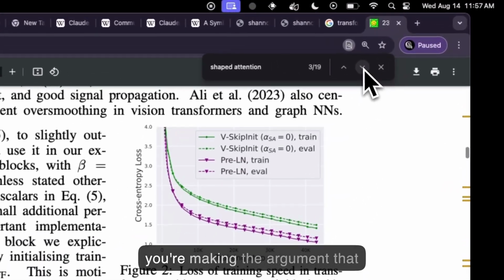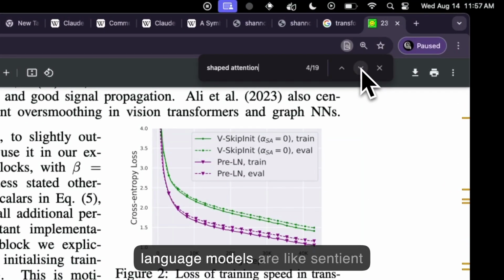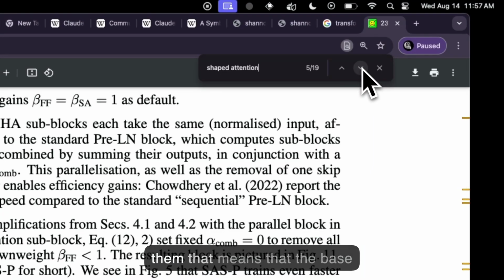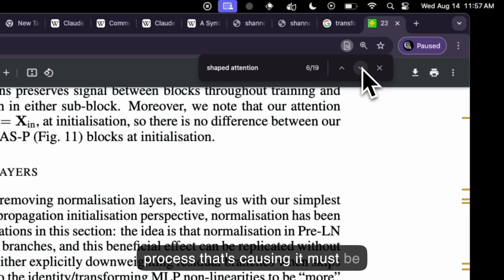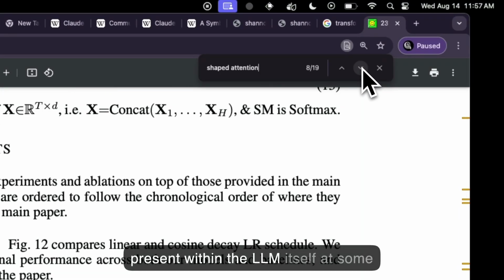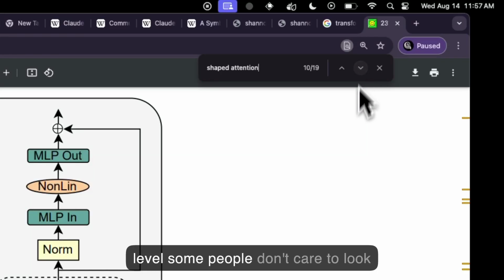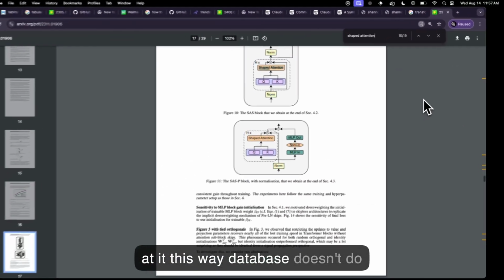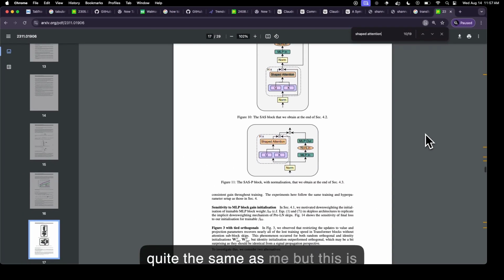Because if you're arguing that language models are sentient with just a context window added to them, that means the base process causing it must be present within the LLM itself at some level. Some people don't care to look at it this way. Database doesn't view it quite the same as me.